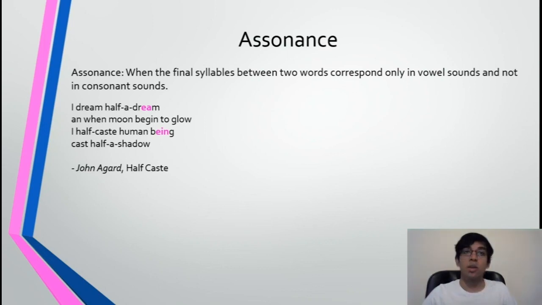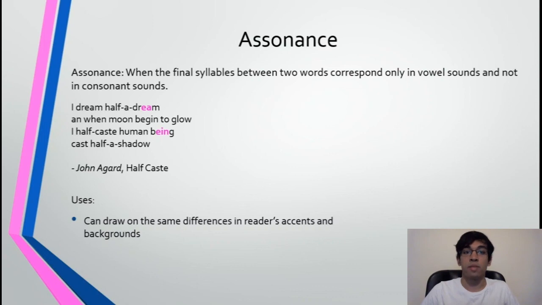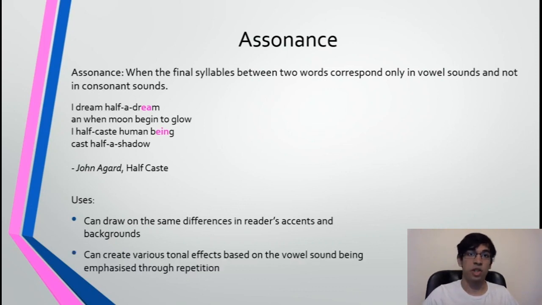Now, the class and racial aspect of reading partial rhymes is very useful in GCSE Edexcel poetry, but assonance can actually have a lot of different effects outside of the dimensions of race and pronunciation. In some cases, it creates certain tonal effects through the repetition of the vowel.